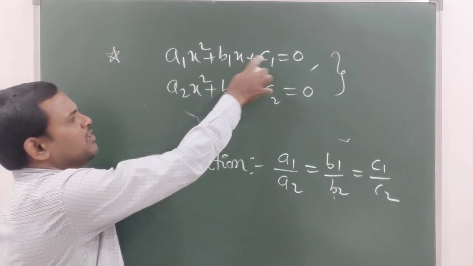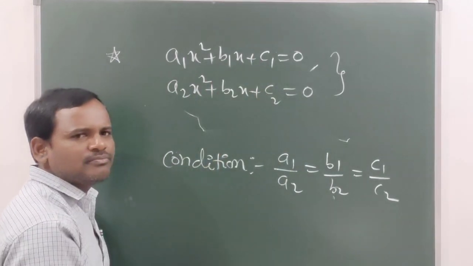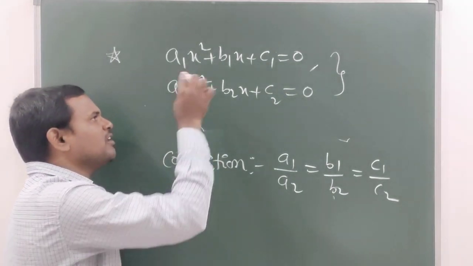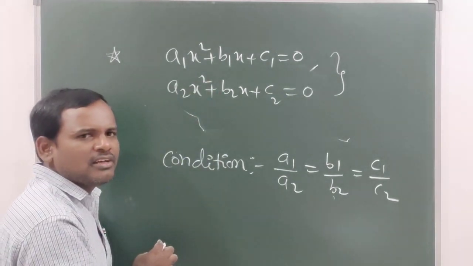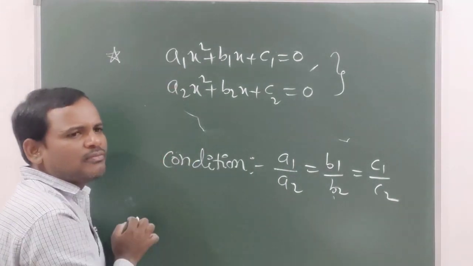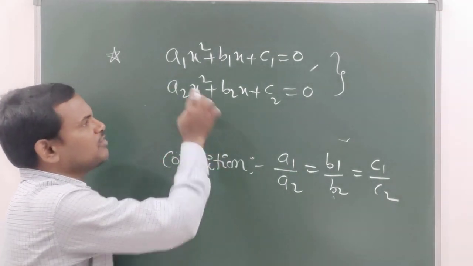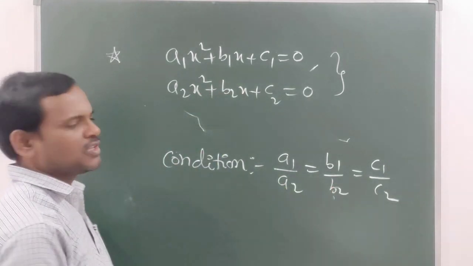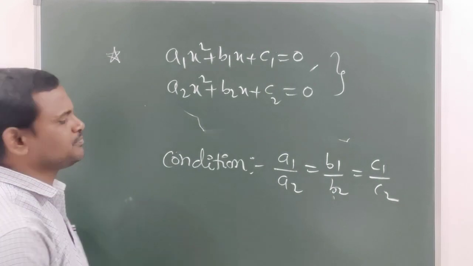Here a1, b1, c1, a2, b2, c2 are the coefficients of the terms of the two quadratic equations. Whenever both roots are the same, the ratio of coefficients of corresponding terms of these two equations is the same. Remember this condition.